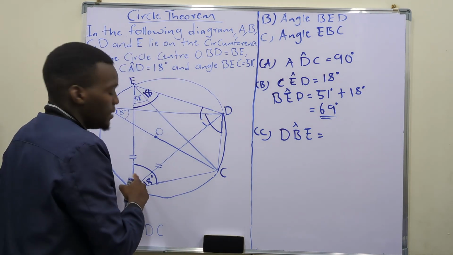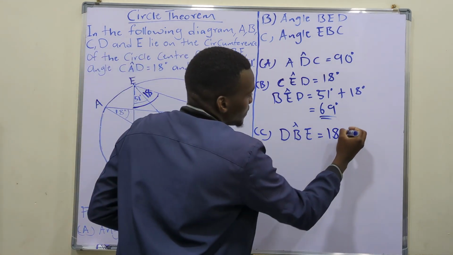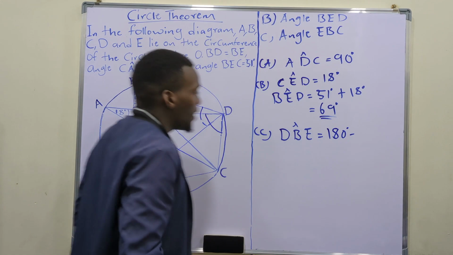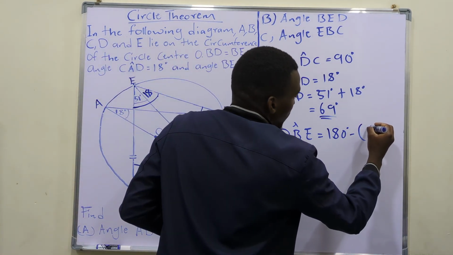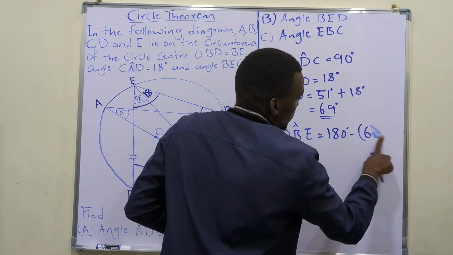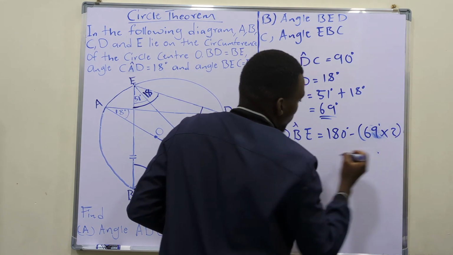So DBE will be given by 180 degrees, and then subtract the two base angles, which is 69 multiplied by 2.